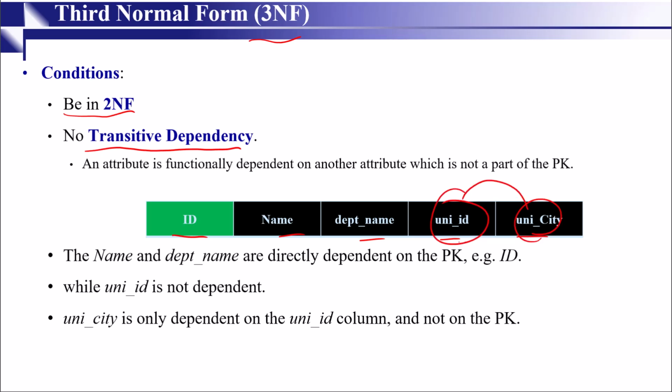And this is not a primary key. This is called a transitive dependency and it violates 3NF. So we would like to fix it by moving university ID and university city to a separate table.